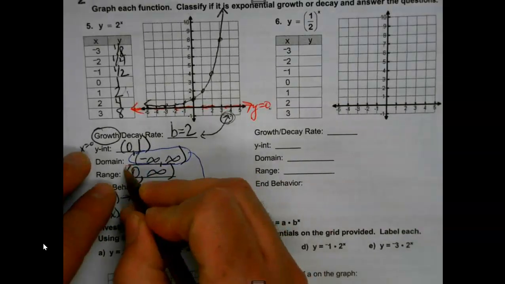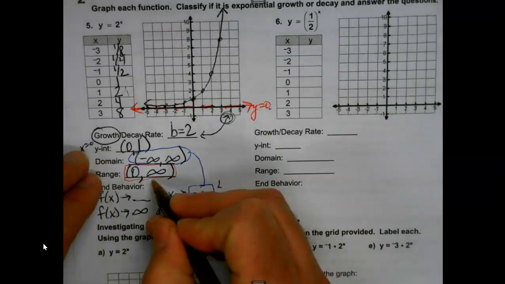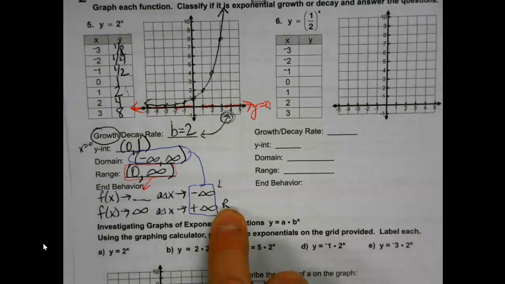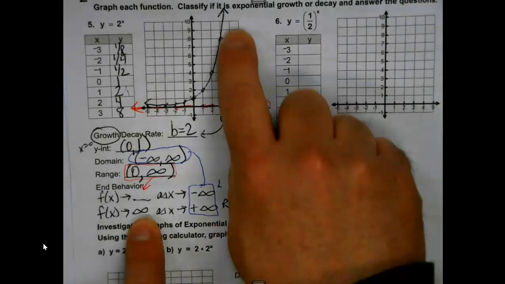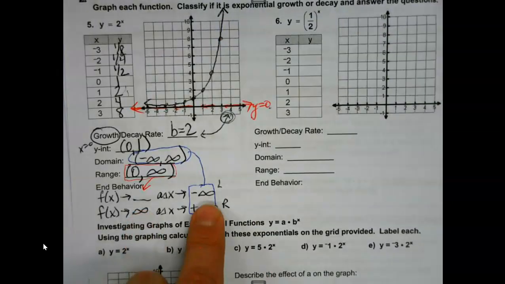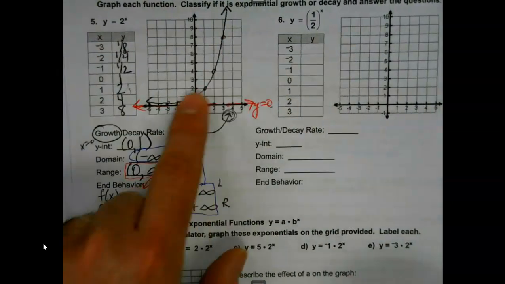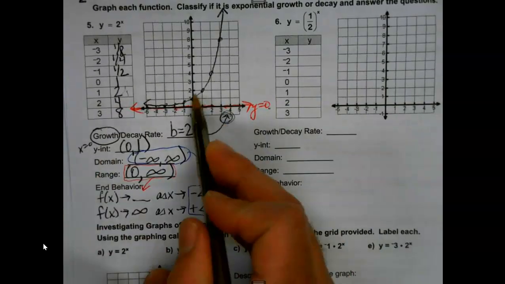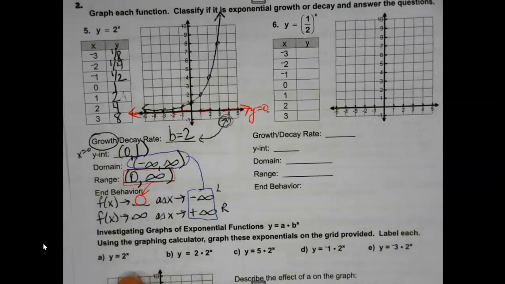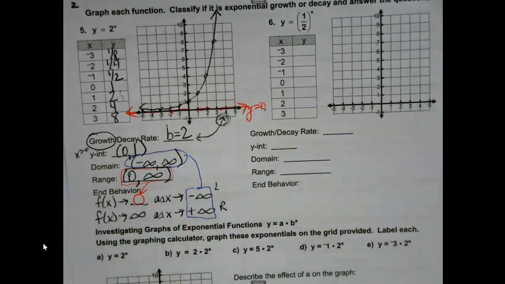When you go to do your range, that's always going to match up with your end behavior values for your f of x or your y. So, as x was going to the right, we said y was going up, and that's true. And then now we can look and go, oh, so when x is going to the left, it's getting closer and closer and closer to the asymptote, which is 0, and these match up.